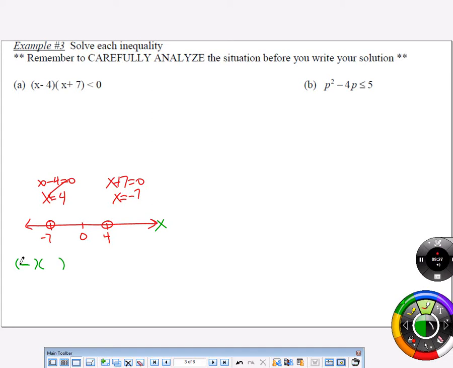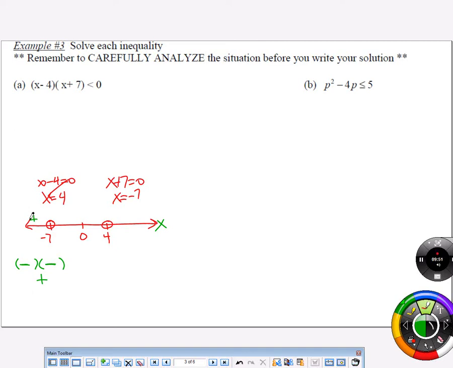Negative 10 plus 7 is going to be negative. So for every number I plug in that's smaller than negative 7, I'm going to get a negative times a negative, and a negative times a negative turns out to be positive. So in this section, the graph turns out to be positive. Okay?